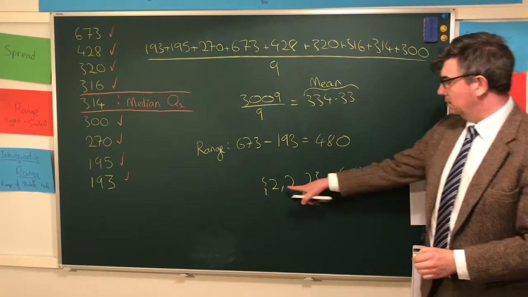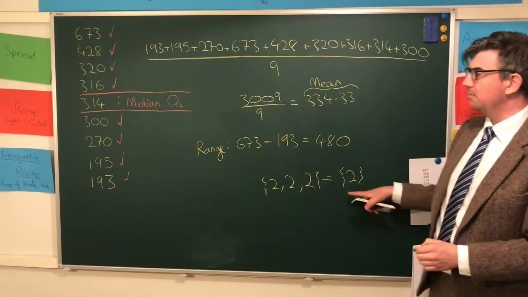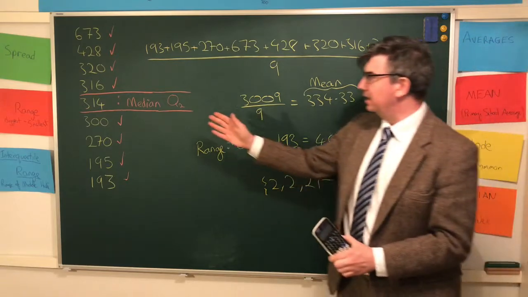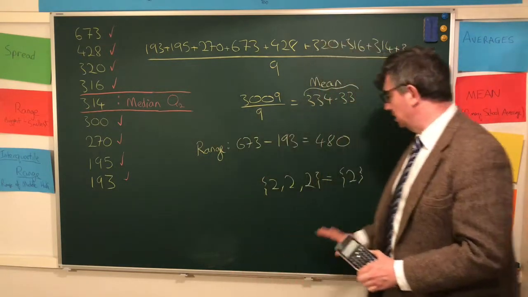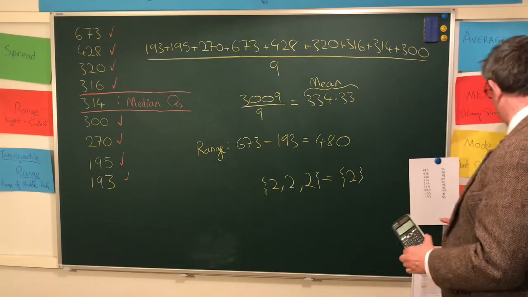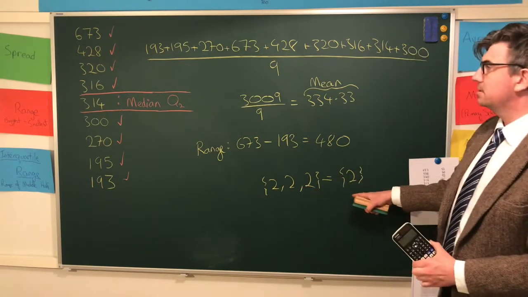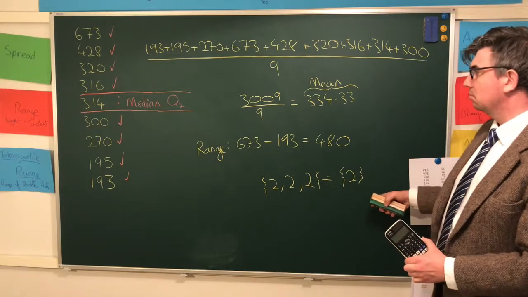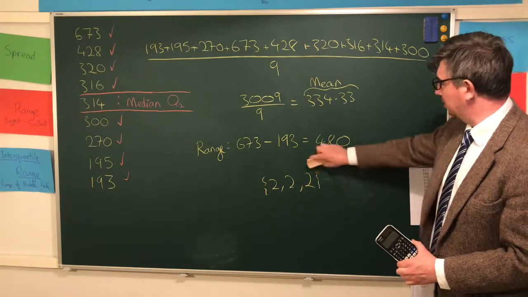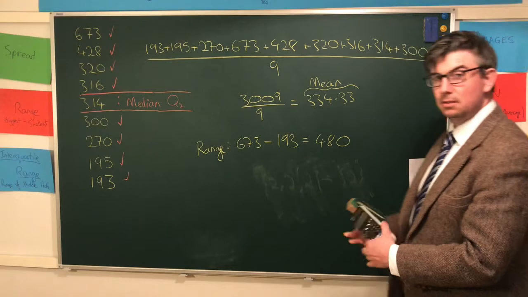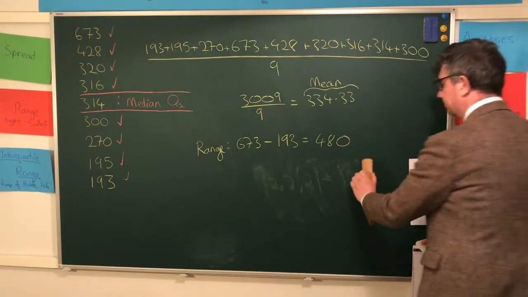So when I say data set, I don't mean the mathsy sort of set, because sets tend to ignore repetition. We obviously cannot ignore repetition because we might want to calculate the mode.